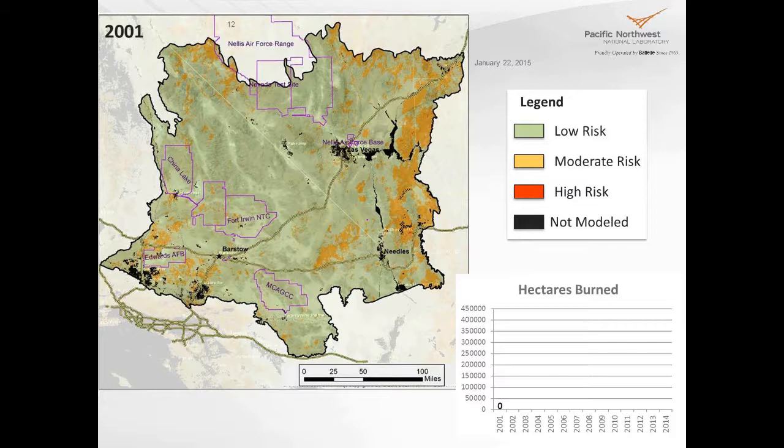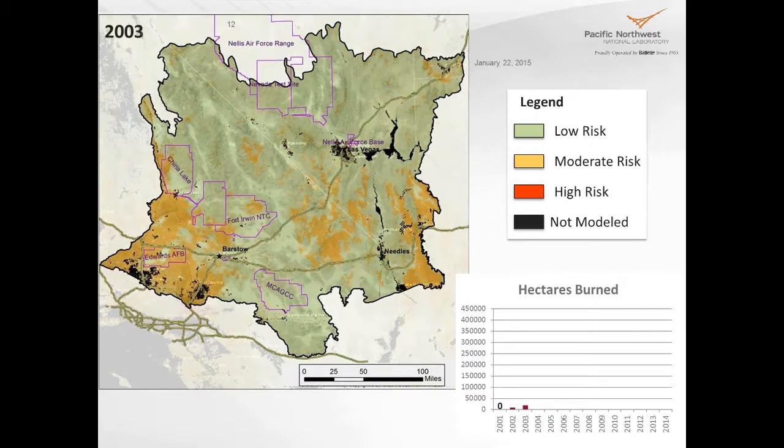So I'm going to step through an animation of what the map looks like each year. And down in the lower right, we'll also have that being animated in terms of the number of fires that occurred for that particular year. So 2001 and 2002 were really quiet years. Mojave doesn't get as many fires in general as you see in the Great Basin.